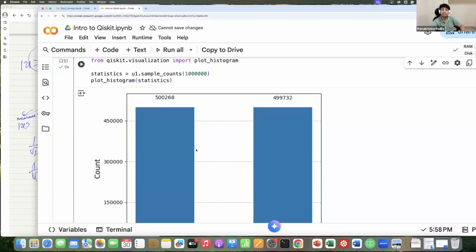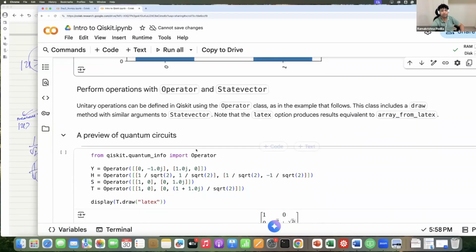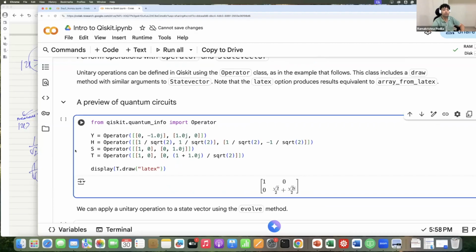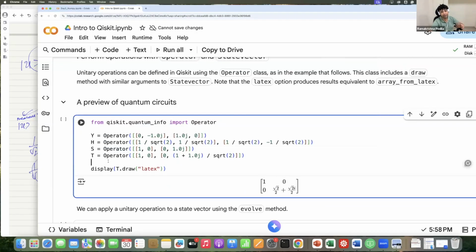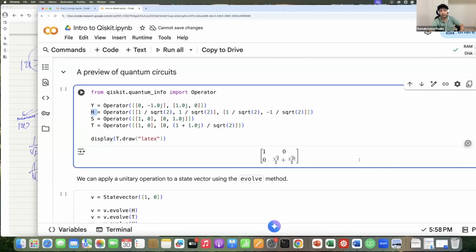But the way you can distinguish that is why we have the quantum circuits, right? So when you have the quantum circuits, the superpositions, the plus and minus states, would be changed differently based on what operator you are using. For example, here what we have is a Pauli Y gate, the Hadamard operator, and so on and so forth, right? So for example, here I have one operator. When you operate these things, then your state will change.